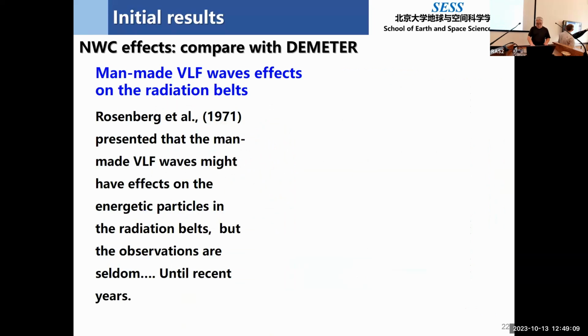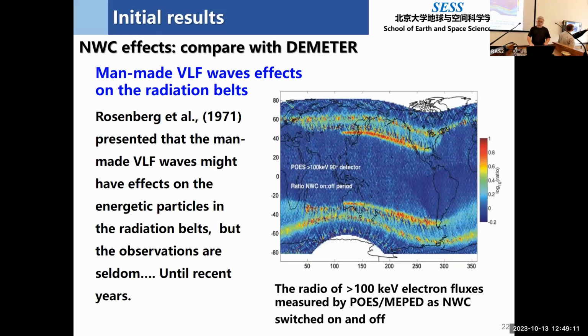Rosenberg presented that man-made VLF waves might have effects on the energetic particles in the inner radiation belt, but seldom were observations found, until recent years. This one is measurements from POES MEPED.